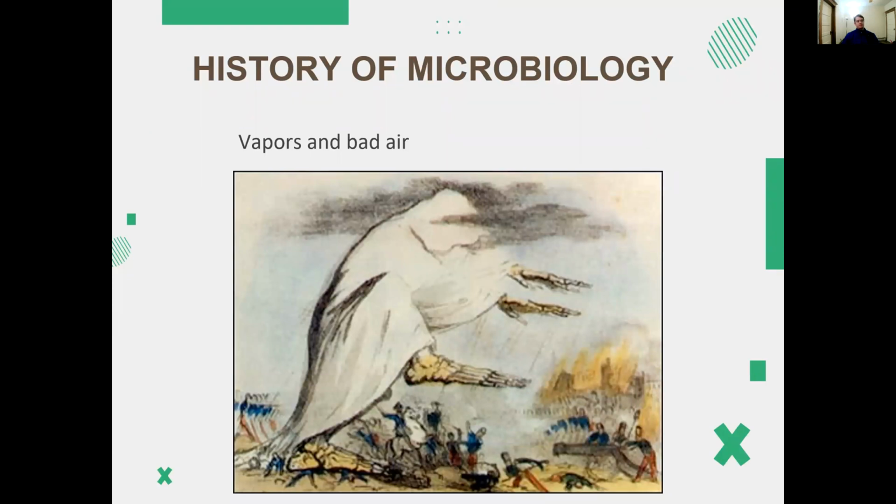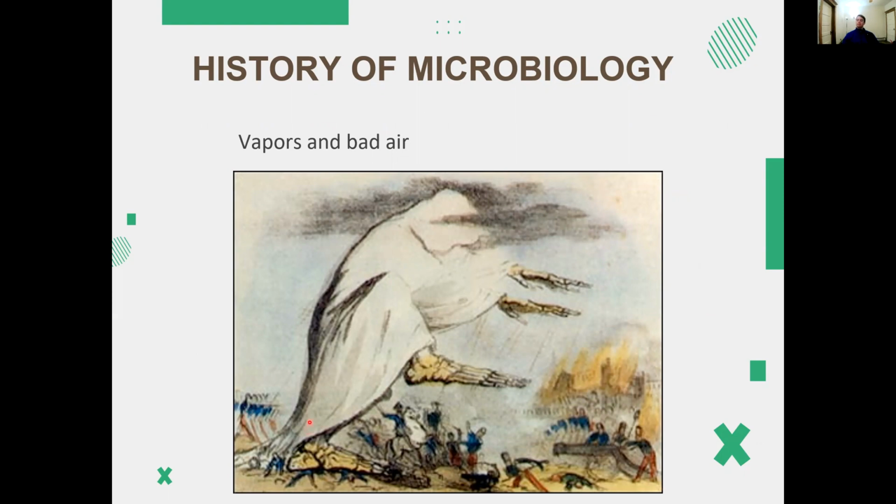For most of human history, people had no idea how disease was spread, and they believed some really crazy things. For example, in this sketch, which is a representation of the cholera epidemic of the 19th century, the spread of disease is depicted in the form of miasma, also known as poisonous, foul-smelling, bad air.